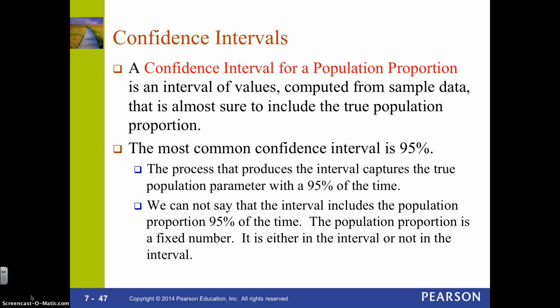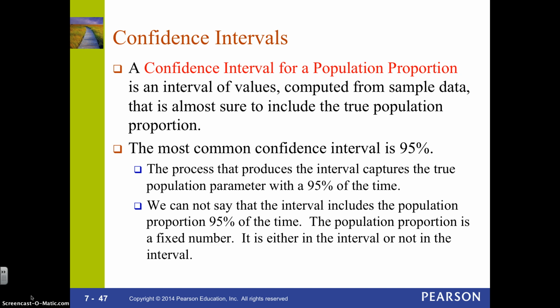The most common confidence interval that almost everyone uses exclusively, except for some extreme circumstances, is normally just a 95%. So what we do is we base the 95% on the process that we're using. The process that produces this interval captures the true population parameter 95% of the time.